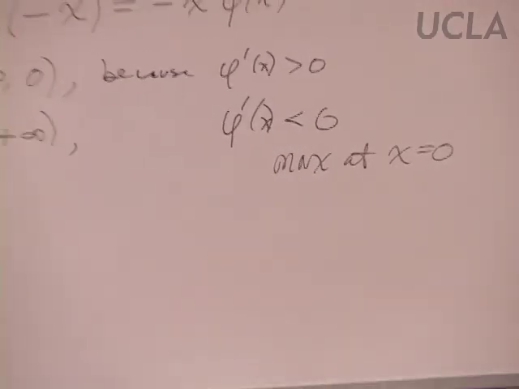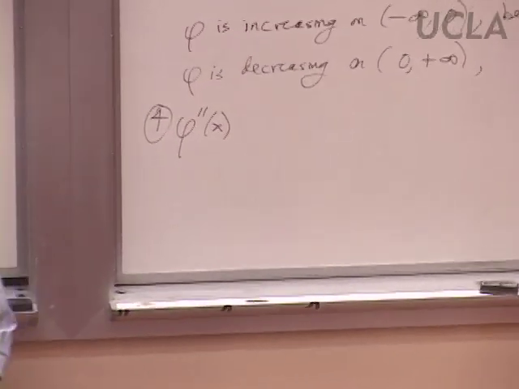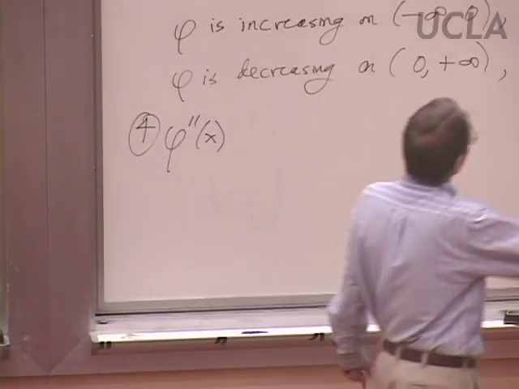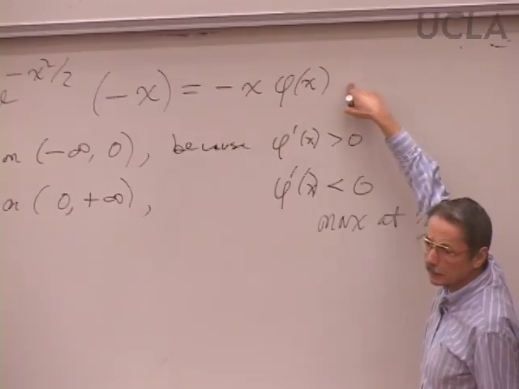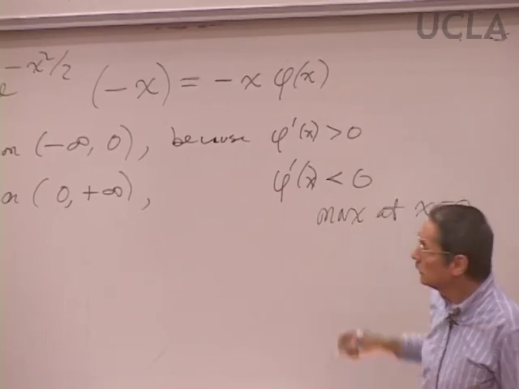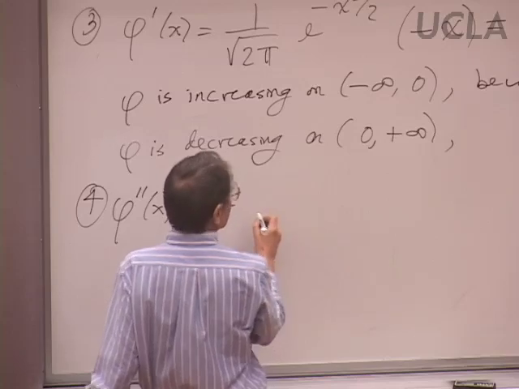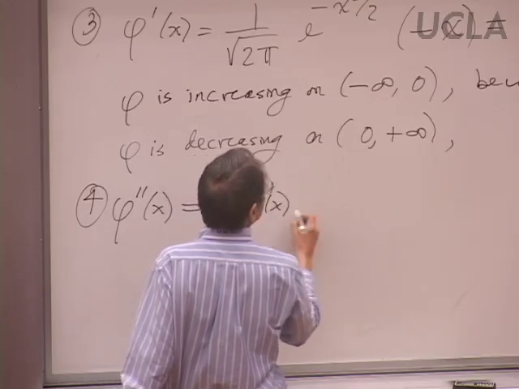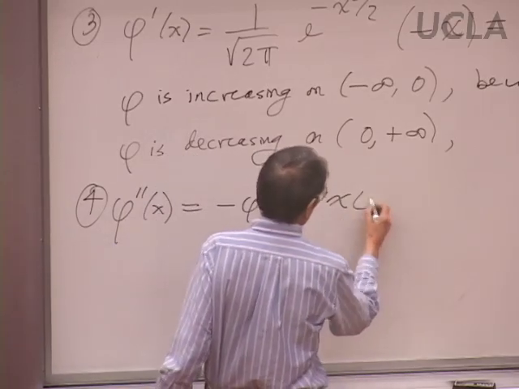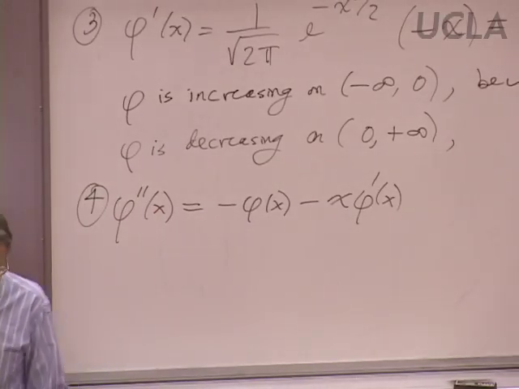Let's look at the second derivative to see where it's concave up and concave down. Well, so the first derivative is minus x times phi. So let's differentiate that again using the product rule. Minus 1 times phi of x minus x times, and then we'll differentiate the other factor.